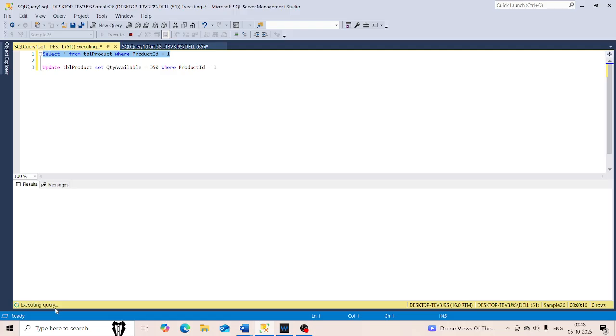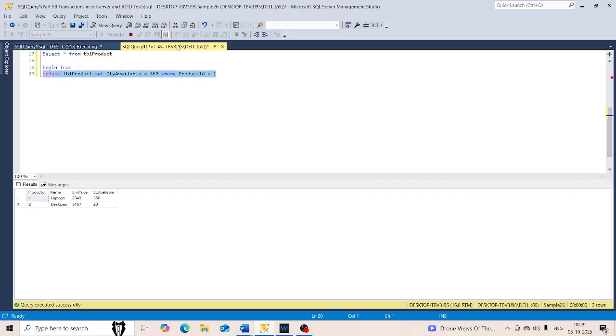So why am I not able to see that? Because that row is being locked by the database because another transaction is currently being processed.